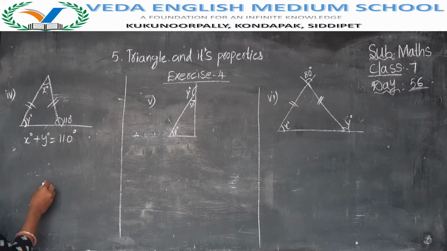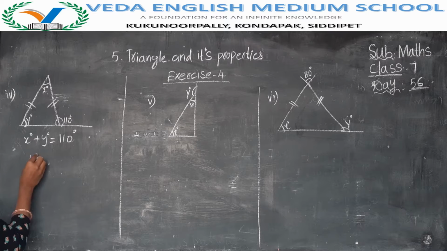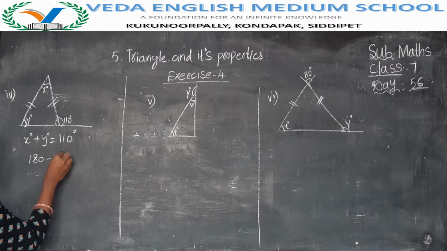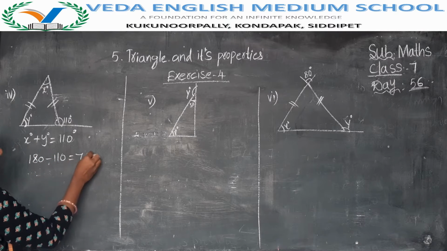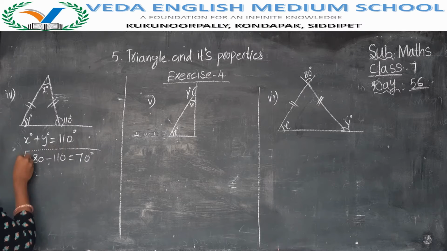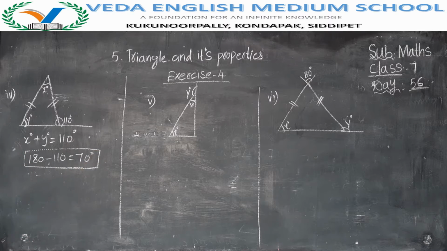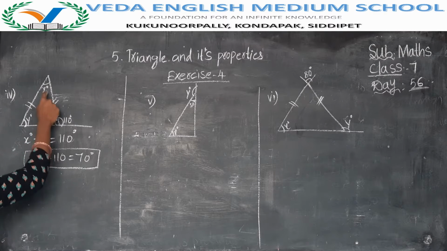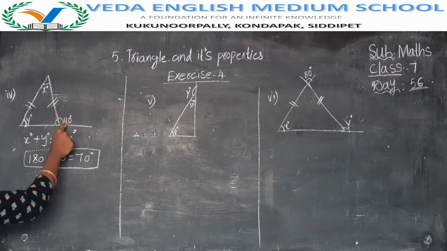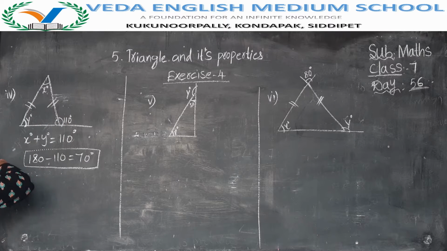Then write like this: 180 minus 110 is equal to 70 degrees. How? See, it is very important. X plus y is equal to 180 because the exterior angle is equal to the sum of two opposite interior angles.